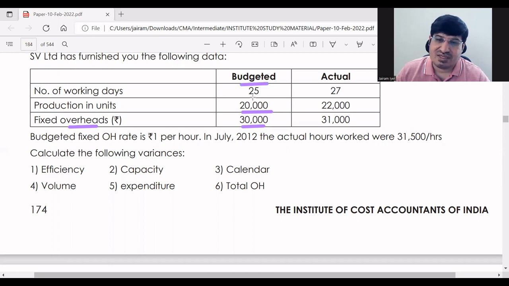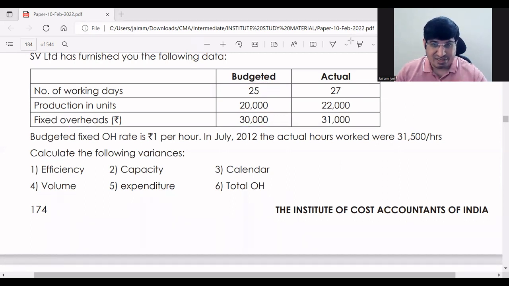So 1.5 is the standard cost per unit. If I multiply by actual units, I will get the standard cost of actual units. So what will that be? 20,000 into 1.5.